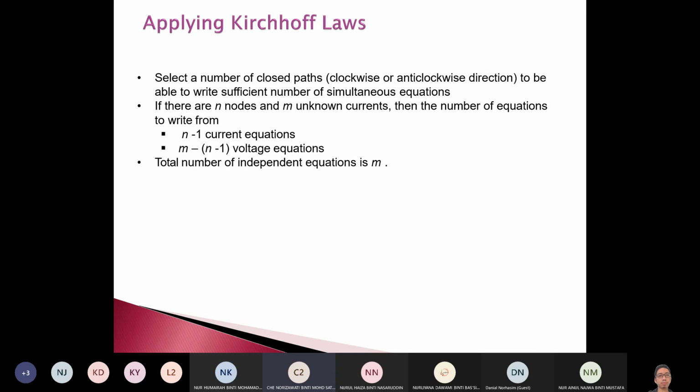Then you have m unknown currents. Let's say you have 7 unknown currents. From there you will have 3 voltage equations. So that's the example.